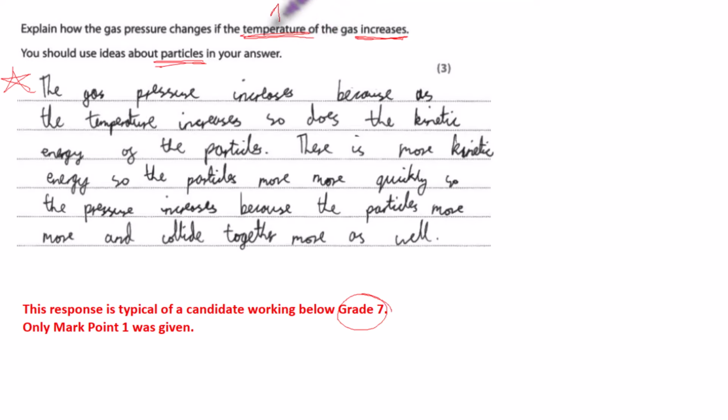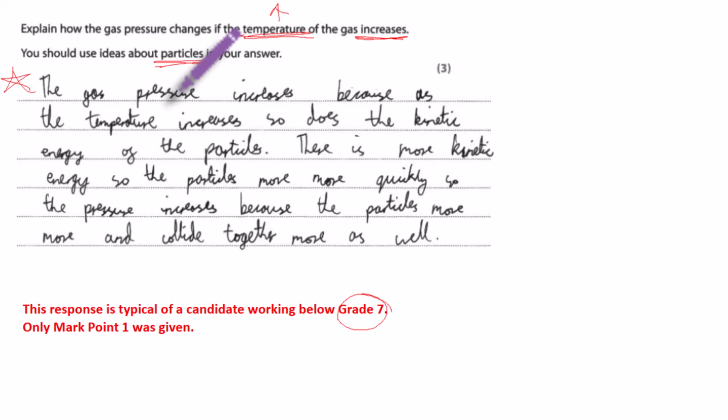As the temperature increases, the kinetic energy of the particles increases. Particles collide more frequently, particles collide harder. These are all the keywords that you have to put in your answer. The force per collision increases and force per unit area gives pressure. So that's how the pressure increases.